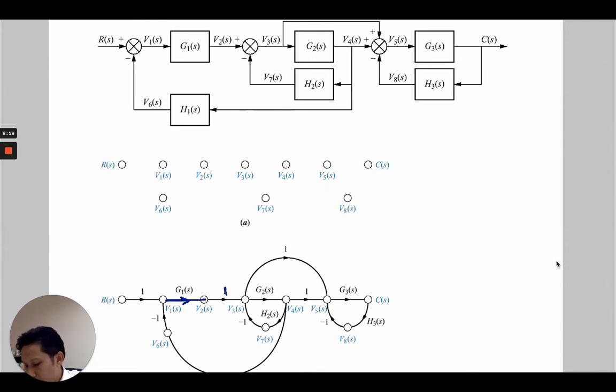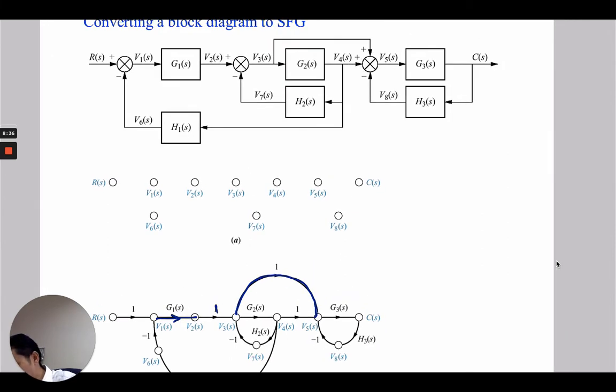Next one is V3 to V4. V3 to V4 is connected, and we have a system there, G2. And then from V3 to V4 as well, we have another connection. There's nothing there, so we can put it as 1.